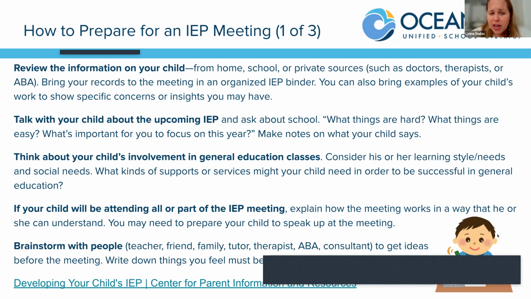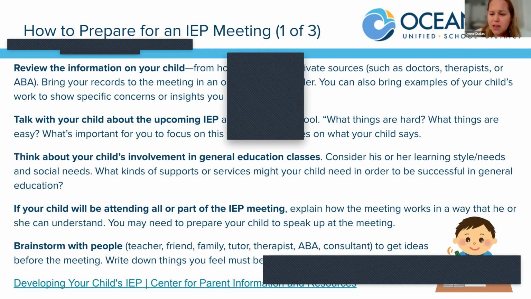Also, you can talk to your child about the upcoming IEP meeting. You can talk to them about what things are hard, what things are easy. Information from your child about how things are going can really help you to direct the team. So if your child is saying something like, well, I'm really struggling with reading, and I feel like all the other students are reading and finishing way ahead of me, then you can maybe bring that up to the team.